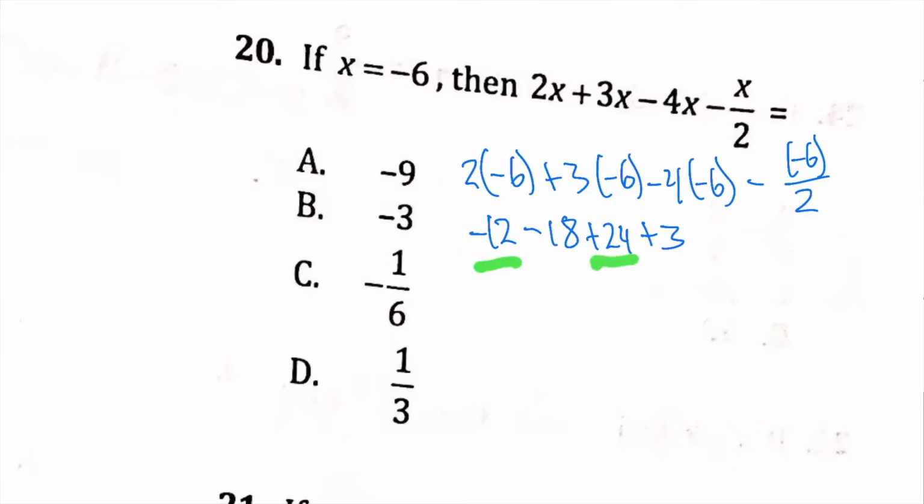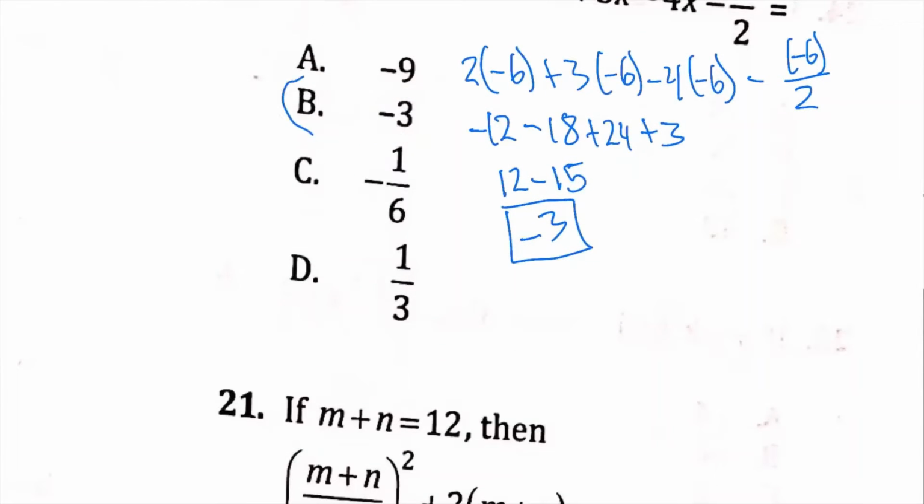And I'm just using this one because that's easier to do. So then I have 24 minus 12 is just positive 12 minus, let's do 18 and 3, so minus 15. So then here it's going to be -3. And it should be -3.